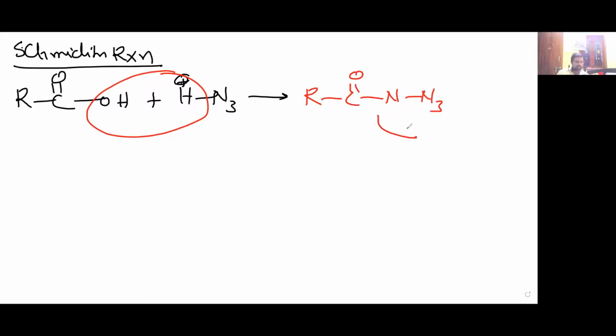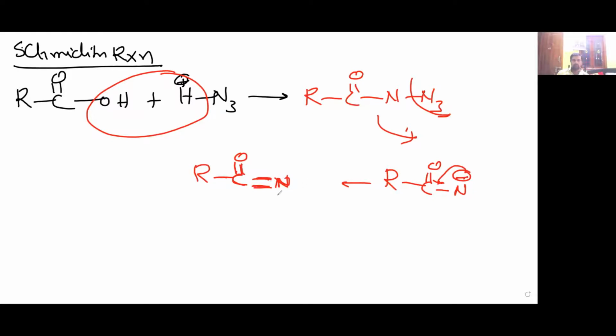So next, here N3 is eliminating. Then RC double bond O N is there. Here N has negative charge. So the negative charge is shifted. Then RC double bond O double bond N is unstable. Carbon has 1, 2, 3, 4, 5 bonds, unstable. Here nitrogen has 2 bonds, it is called nitrene.